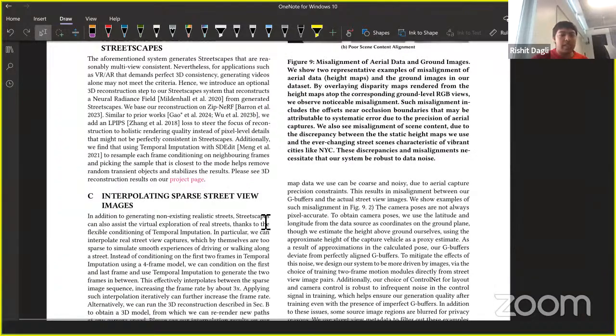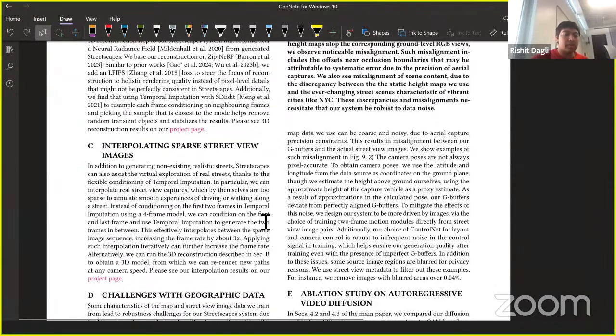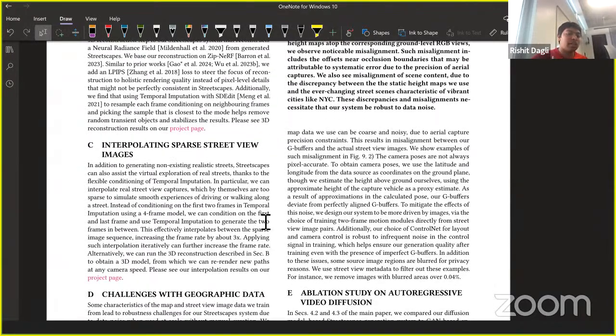And then they also talk about interpolation. This is also a really popular way of doing long generation, because each step is quite expensive and you're generating one frame at a step, and that requires a lot of things to do. So what people often do for video generation is generate start and end frames and then interpolate between them.